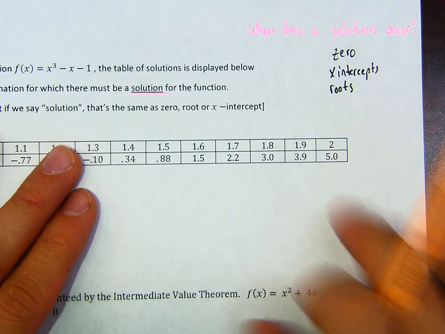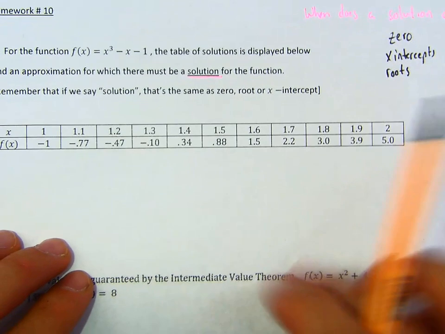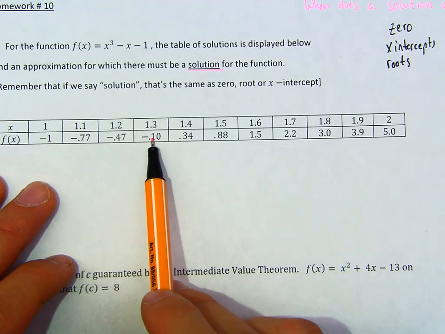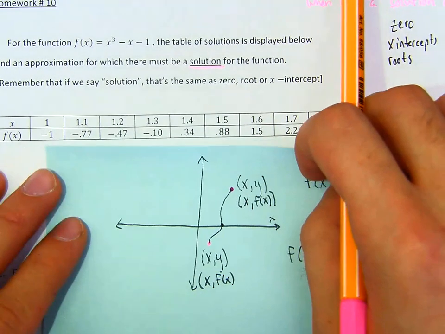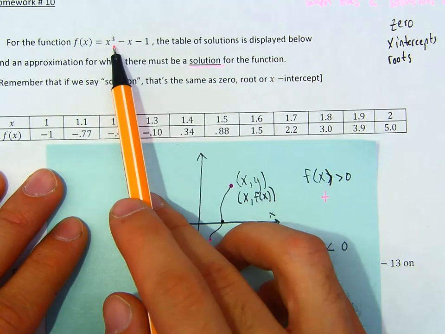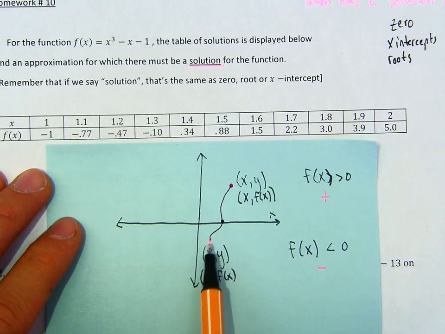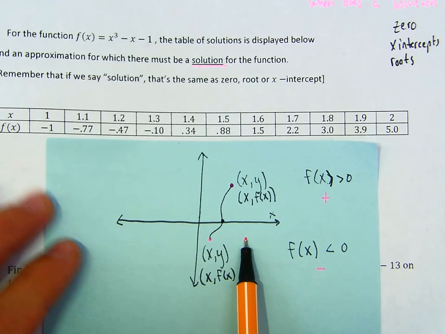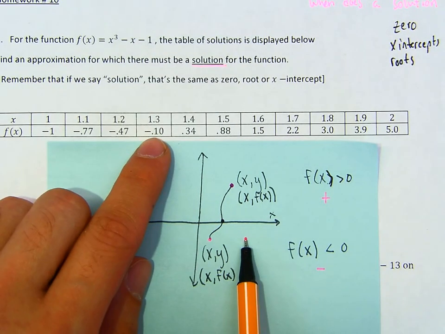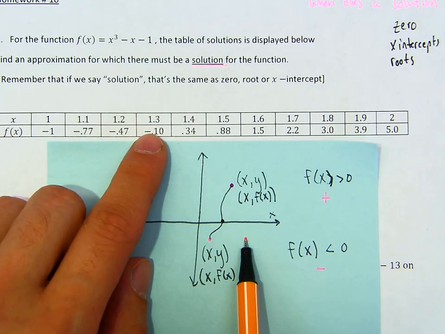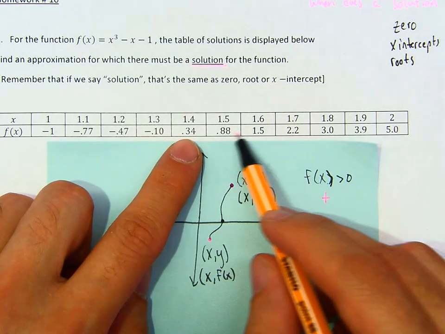Here, when does the sign change? Okay, notice that it goes negative, negative, negative, negative, and notice what that means for the graph. These points are below the x-axis, and then notice that from 1.3 to 1.4, the value starts becoming above.